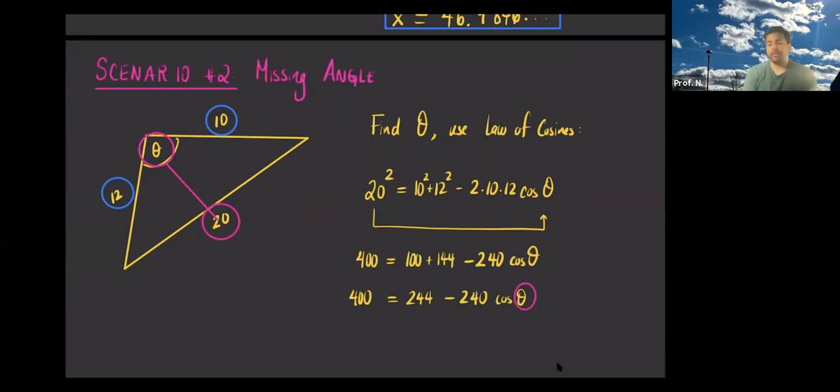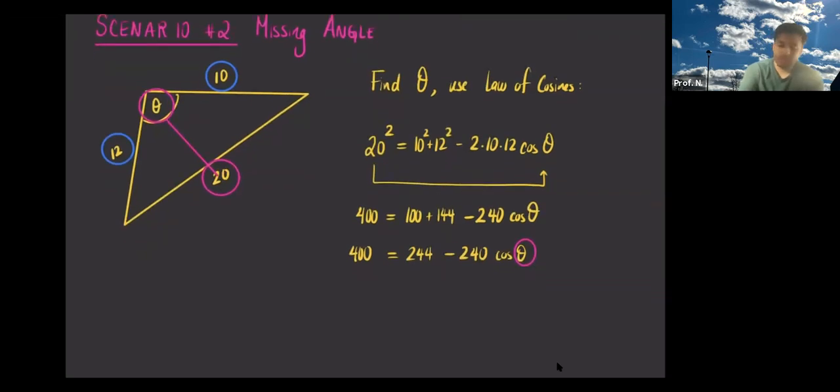And you see how this is a bit different now? Another thing, please do not subtract these two numbers. You can't subtract them. 240 is attached to cosine, so you have to multiply first, then subtract, but we're not going to subtract like this. And I'm pretty sure some of you might still make that mistake. Don't make that mistake though. Again, I want to find theta.